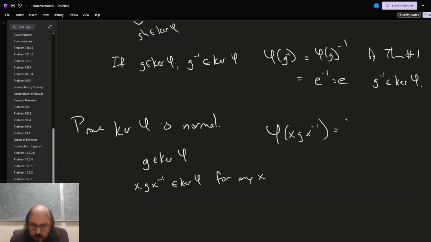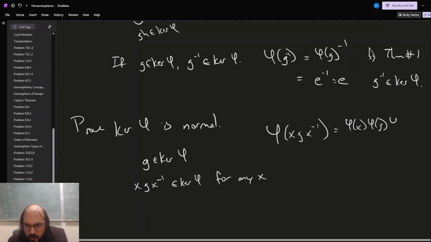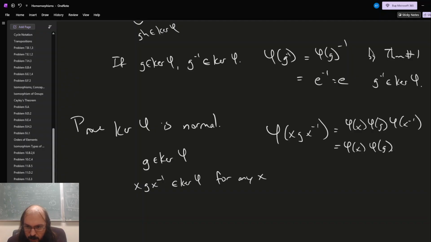This is phi of x, phi of g, phi of x inverse, which is the same thing as phi of x, phi of g, phi of x inverse, because of the property we proved. Phi of g is the identity.